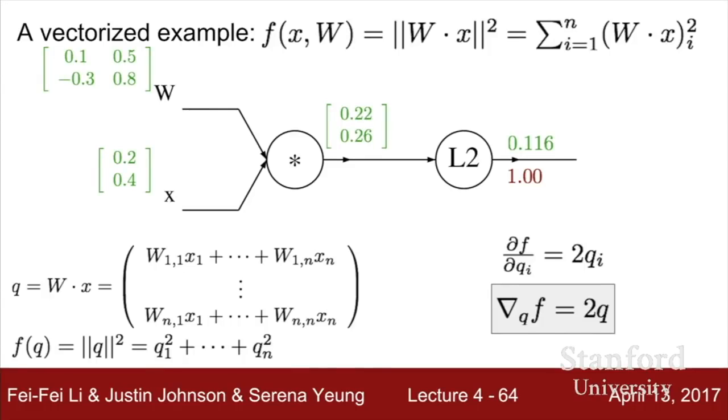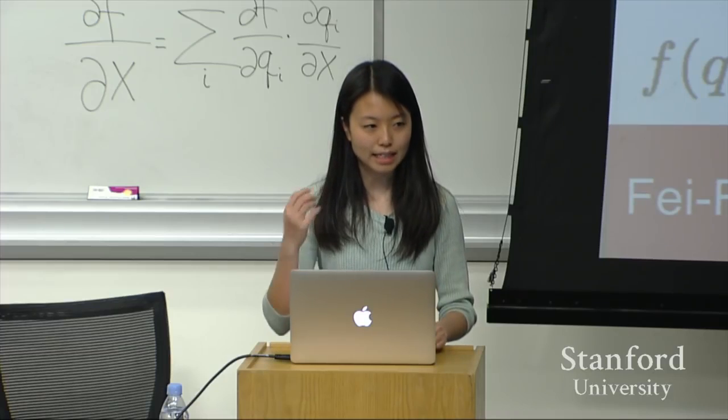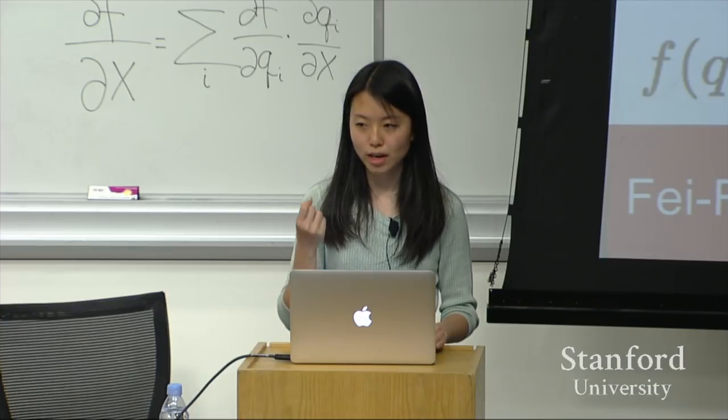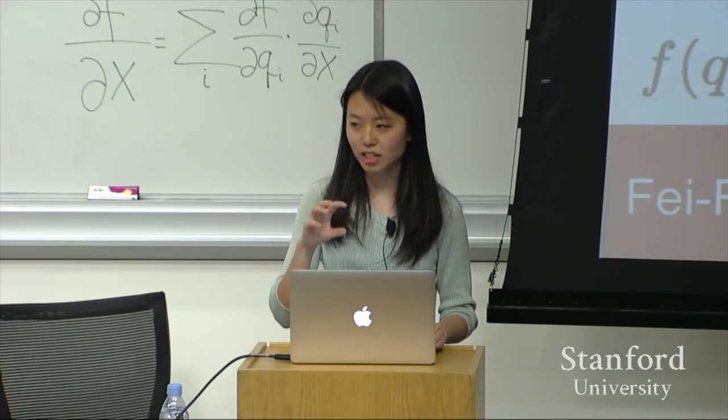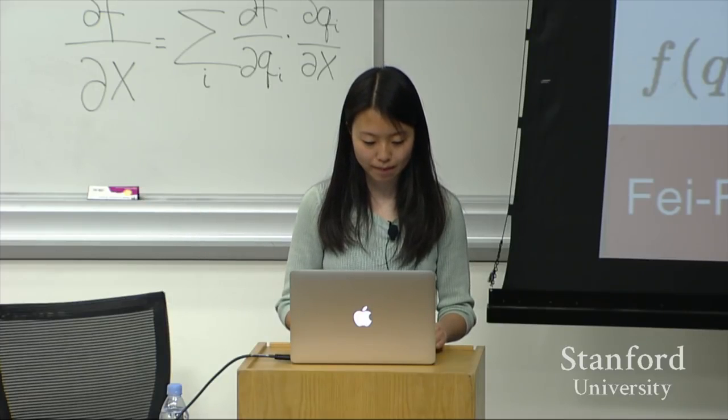And so what we get is that our gradient is 0.44 and 0.52, this vector, right? And so you can see that it just took q and scaled it by 2. Each element is just multiplied by 2. So the gradient of a vector is always going to be the same size as the original vector, and each element of this gradient means how much this particular element affects our final output of the function.